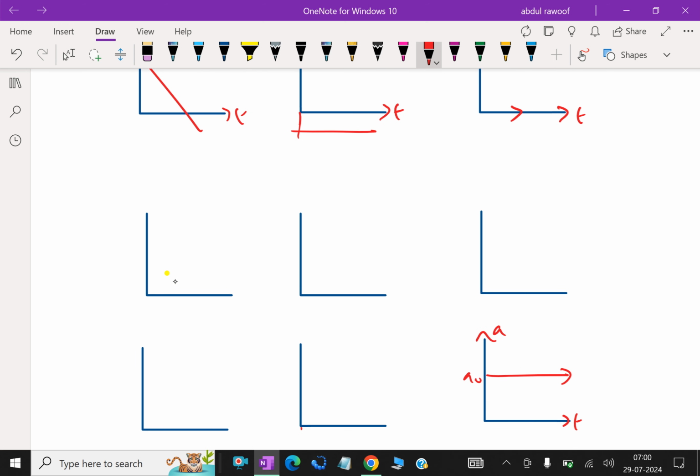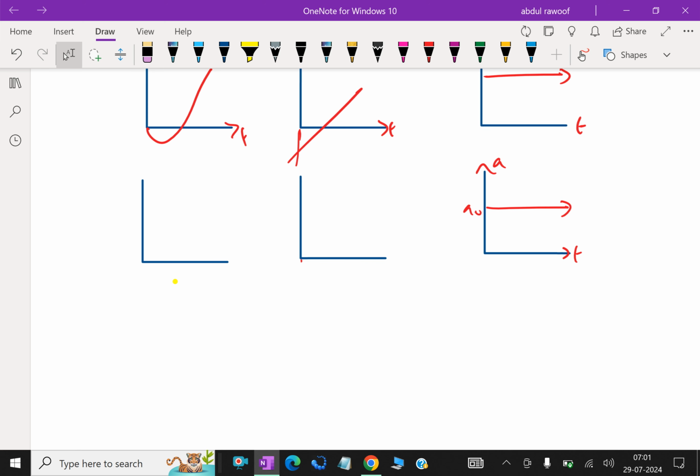This first x-t, v-t, and the acceleration-time graph.